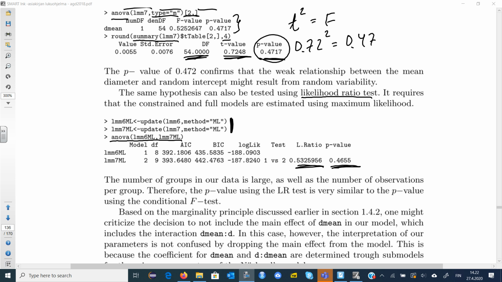So the p-value from the test is different, but in this particular case at least, the F-test and likelihood ratio test results are very close to each other. The p-values are very close to each other, and the conclusion is the same, which means that d-mean is not needed in the model as a predictor in the fixed part.